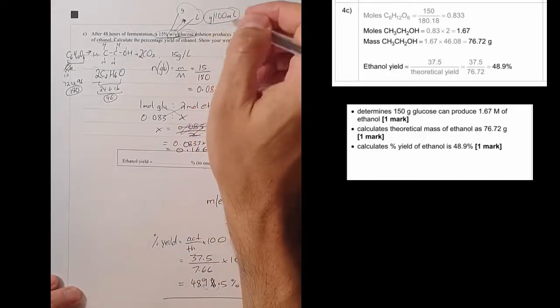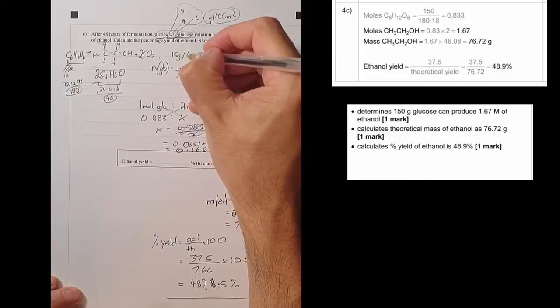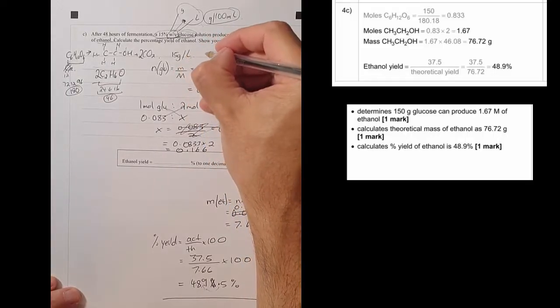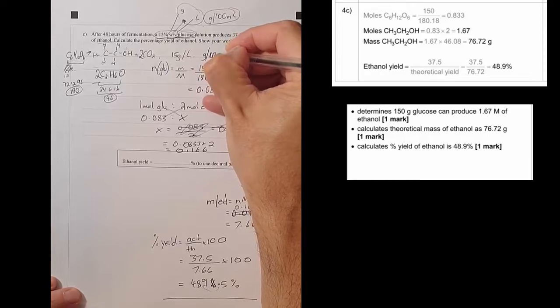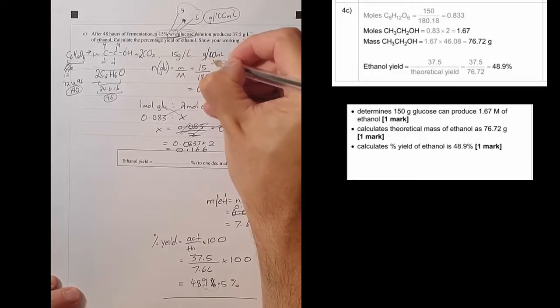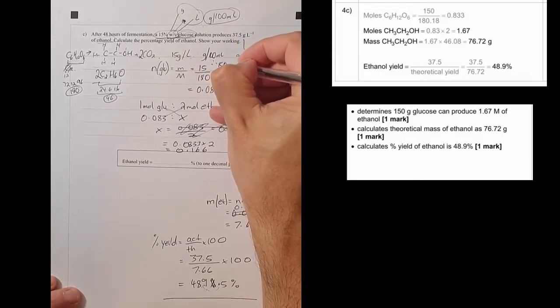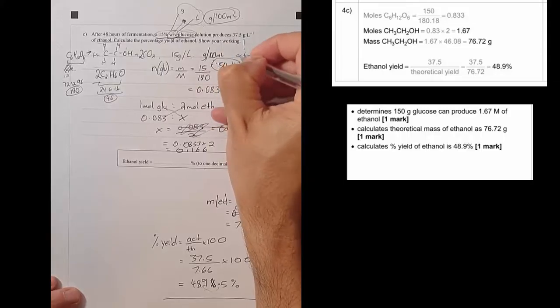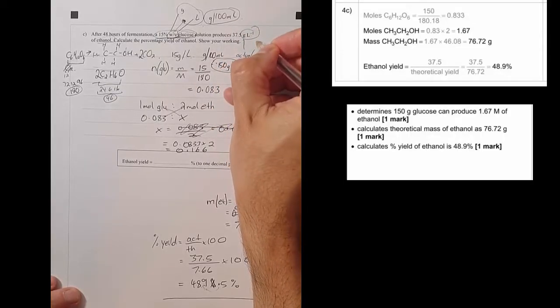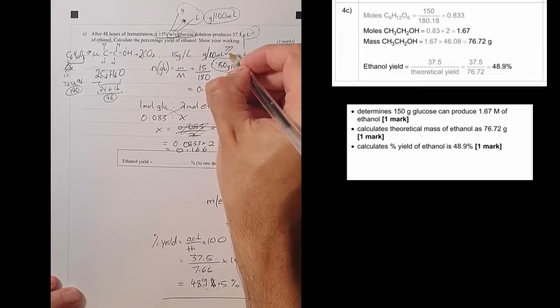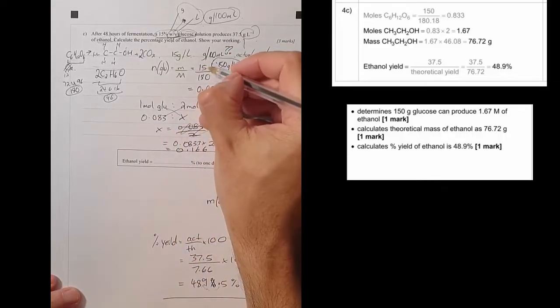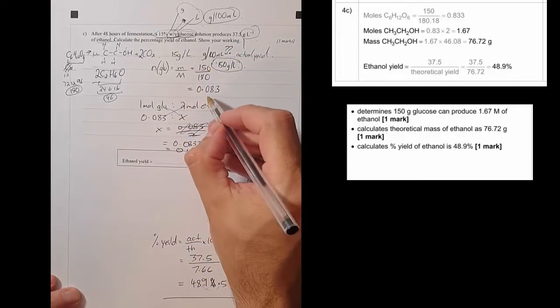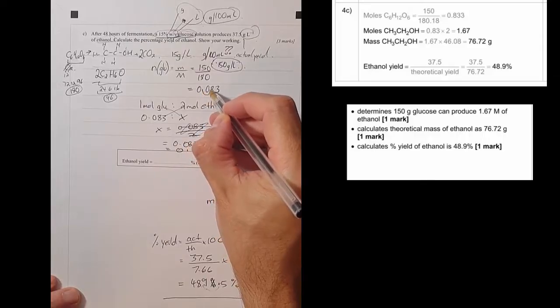Maybe it's not grams per litre, maybe it's grams per 100 mL, therefore it is 150 grams per litre, because you're comparing this in litres. That's God mode. Then you convert that and bring everything back.